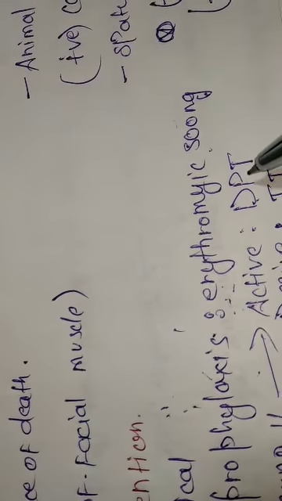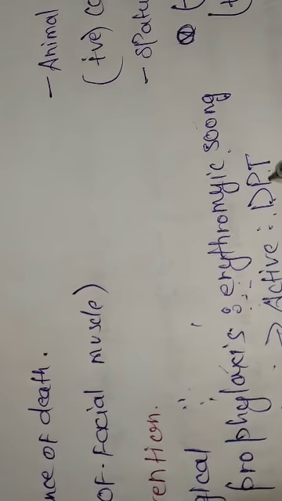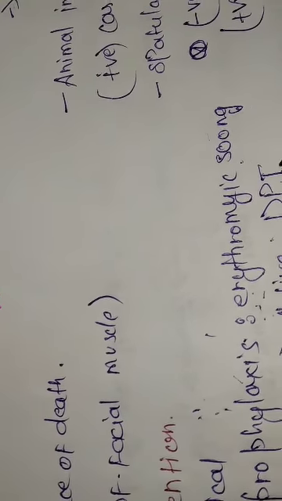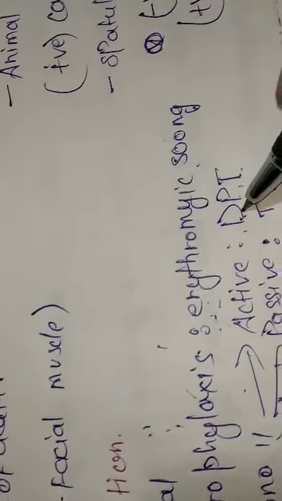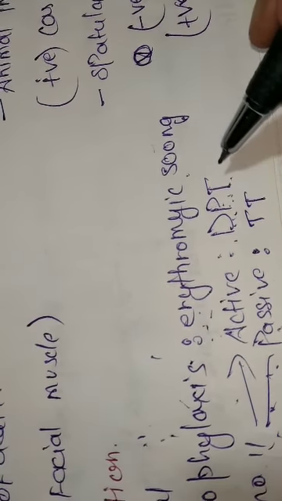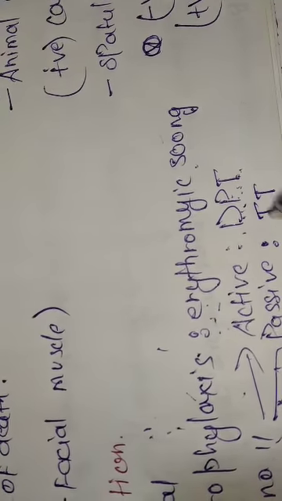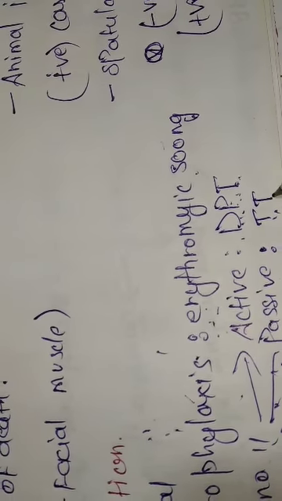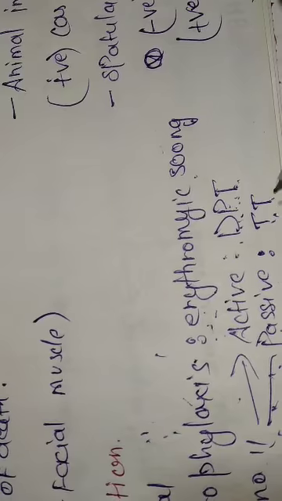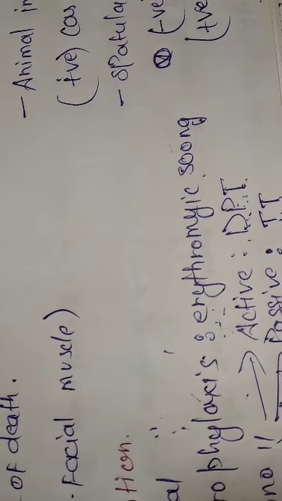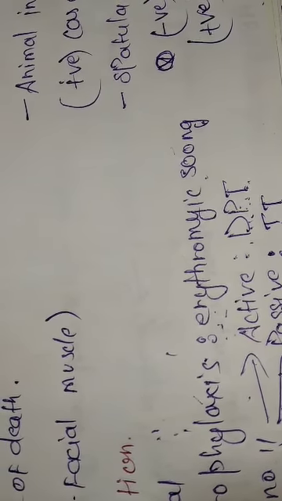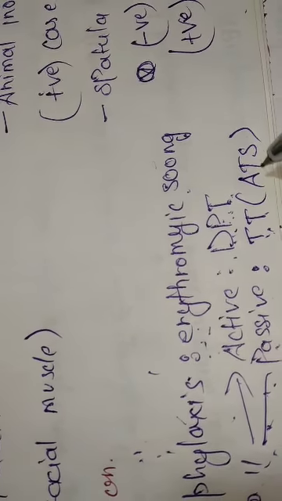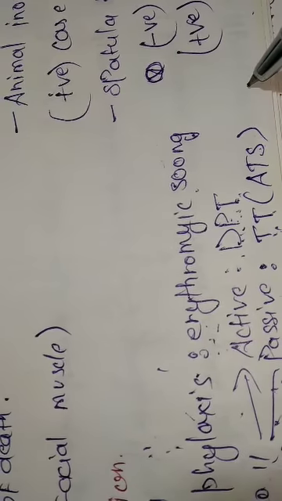DPT is diphtheria, pertussis, and tetanus. This vaccine is a combination of 3 types of vaccines: diphtheria, pertussis meaning whooping cough, and T for tetanus. In passive immunization, tetanus antitoxin, often called anti-tetanus serum, ATS, can be given. It can be obtained from immunized horses.